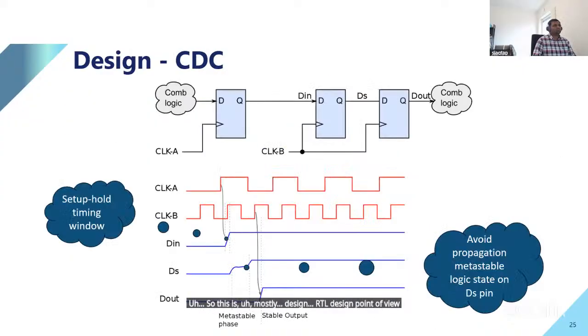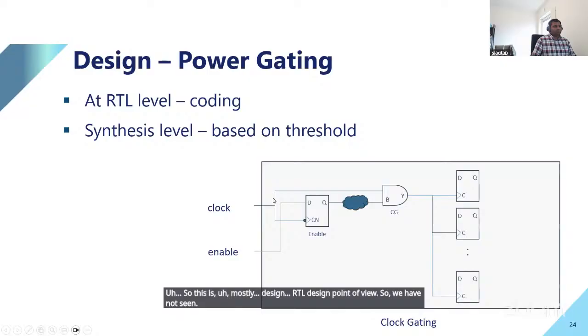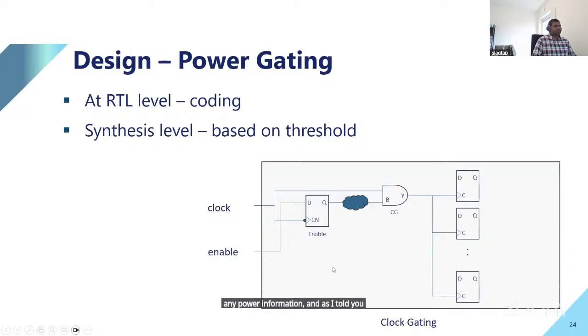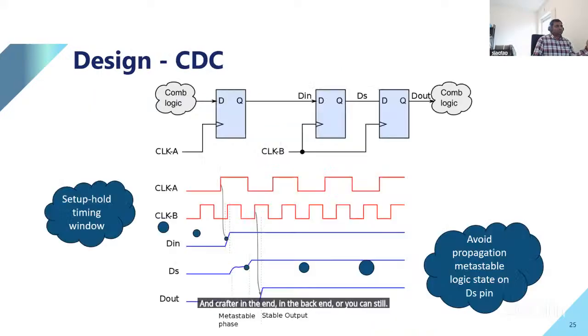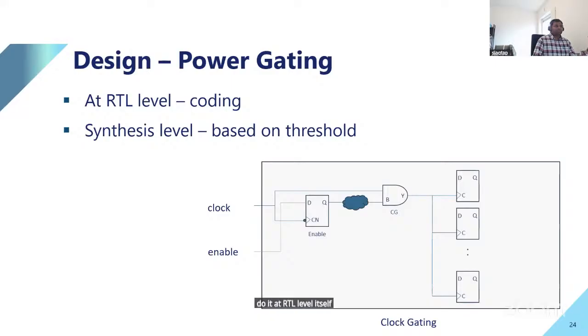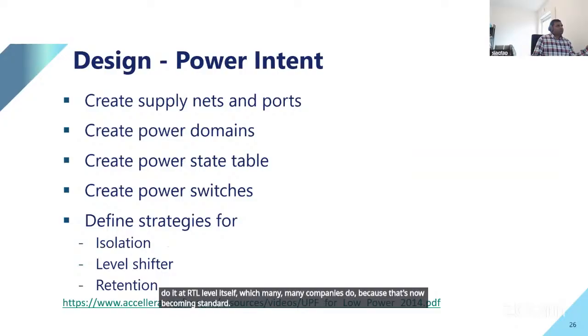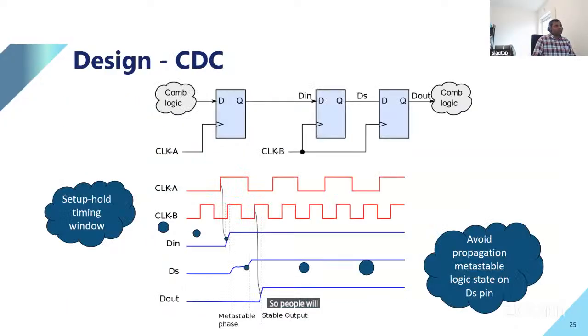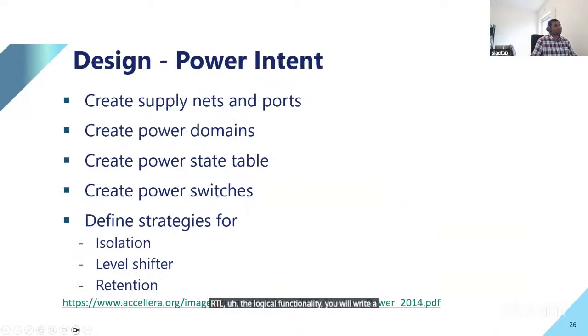So we have not seen any power information. And as I told you, this power information can be handcrafted in the backend, or you can still do it at RTL level itself, which many companies do, because that's now becoming standard. So you will write a functional description of your RTL, the logical functionality, and you will write a description of your power functionality.